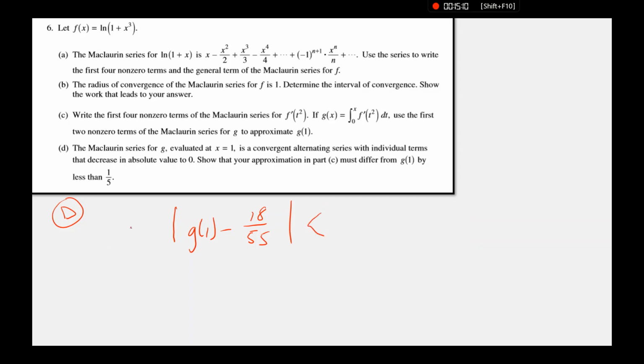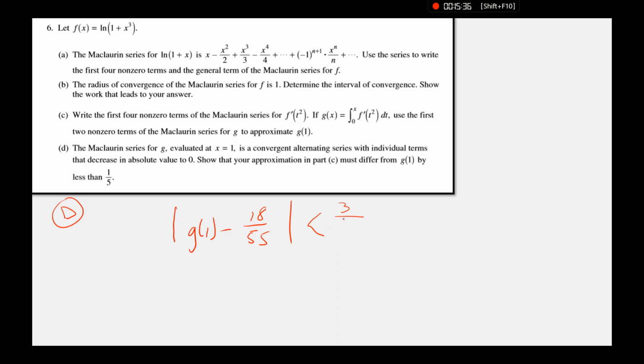What do we use to estimate error? The next term. What's the next term for g of 1? Oh, so that was 3x to the 17th over 17.